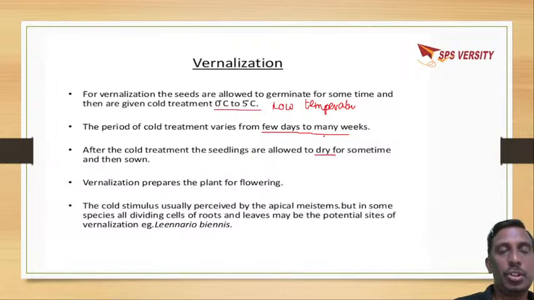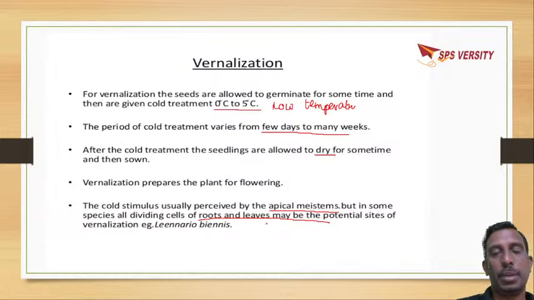So vernalization also prepares the plants for flowering. Not only plants, even the seeds to germinate. So we are exposing the plants, that is called stimulus, which is perceived by apical meristems.